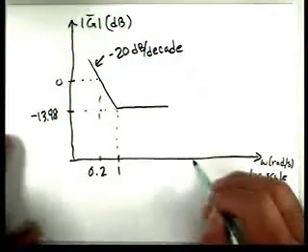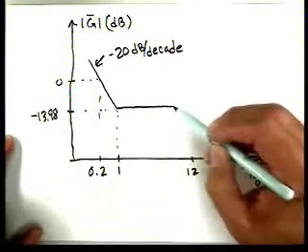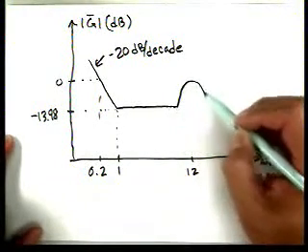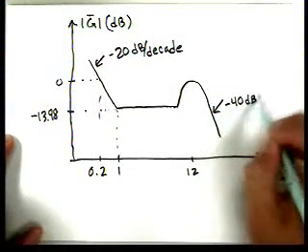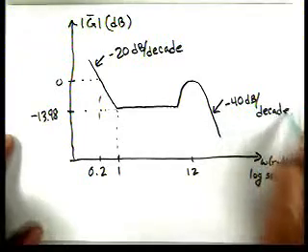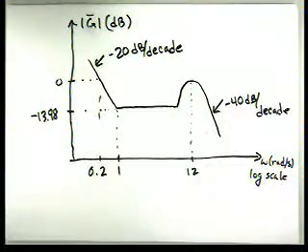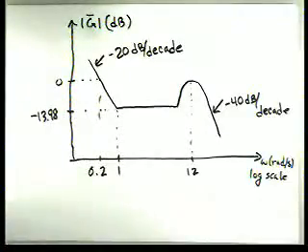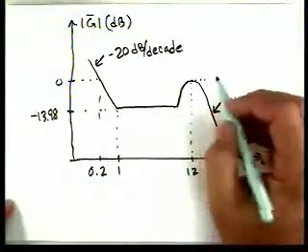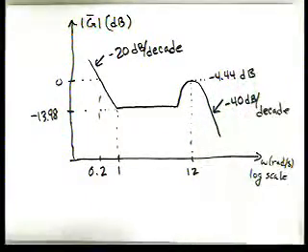Now when we get out here to 12, we have a characteristic that looks something like this. This slope is minus 40 dB per decade. And if you remember, our quadratic pole had a gain of 9.54. This point here is minus 4.44 dB at omega equal 12.